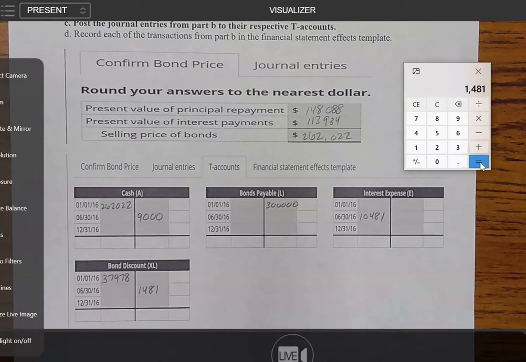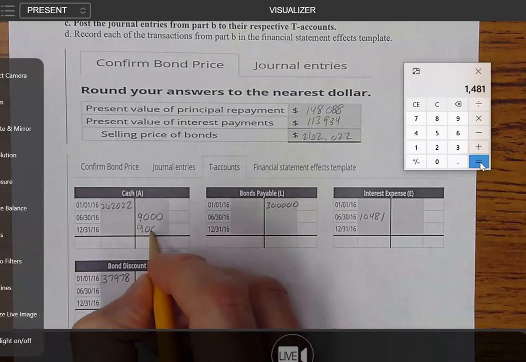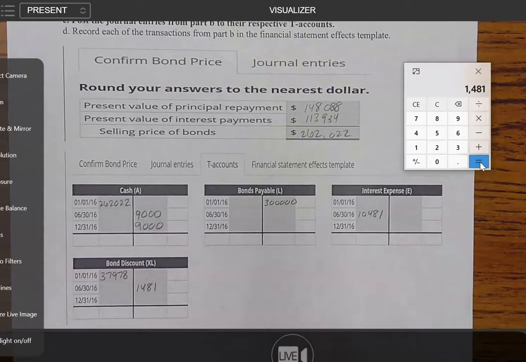All right, now we have one more journal entry that we have to do, and this is where students often will start to sweat a little bit. Okay? We are going to make another interest payment of $9,000. The amount of cash paid is going to be based upon the liability, $300,000, times the interest rate, and of course in this particular case, as you've already seen, we used 3% instead of 6% because it is, again, a semi-annual payment.